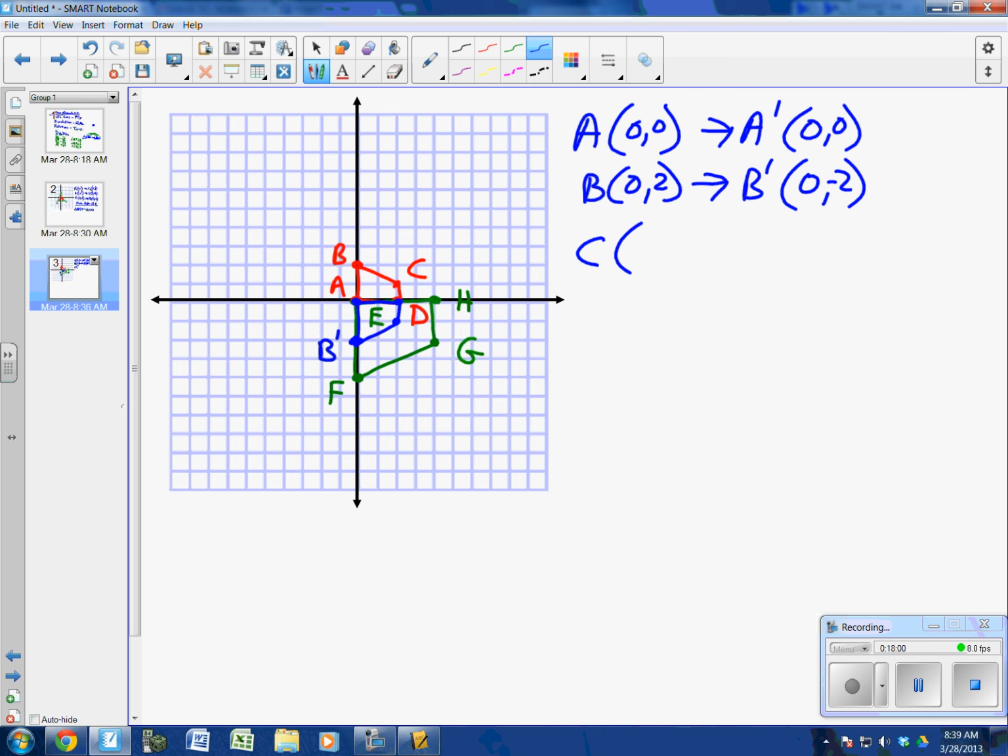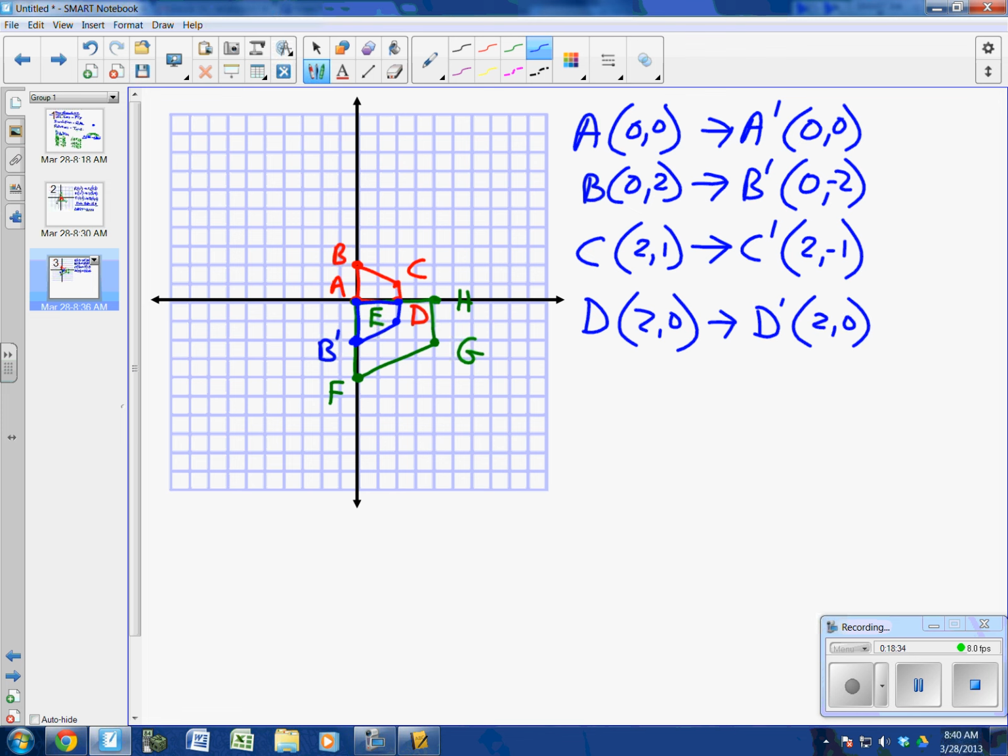C is at 2, 1. And C prime is where? 2, -1. And D is where? 2, 0. And D prime is where? 2, 0.